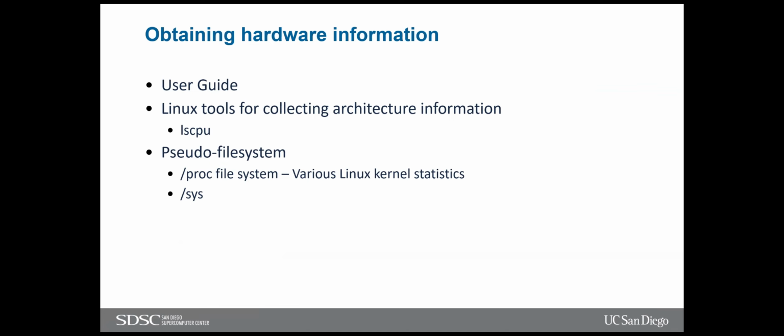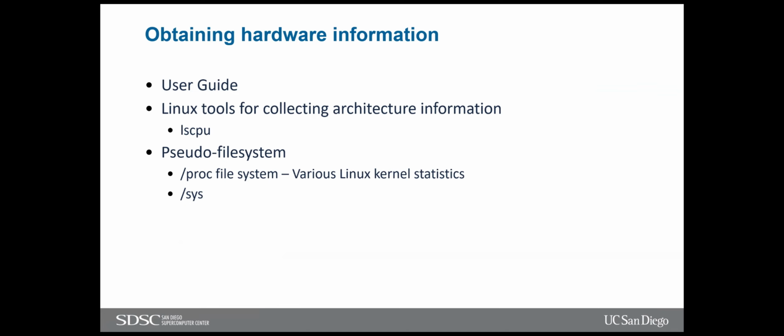Not only will it give you a high level understanding of what the system is you're using, it's also going to give you policies that are specific to a certain resource. So policies include how many jobs you can run, how much memory you can use, how you're going to be charged for different things. So again, I could go on about this for days, but it's always important to check out that user guide.